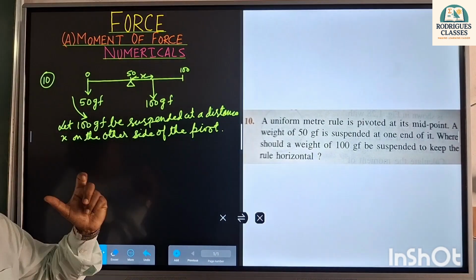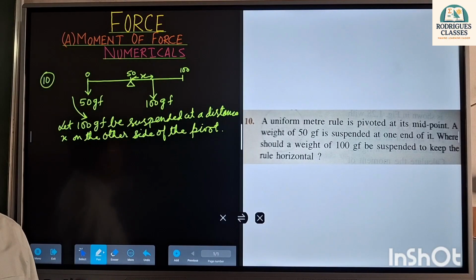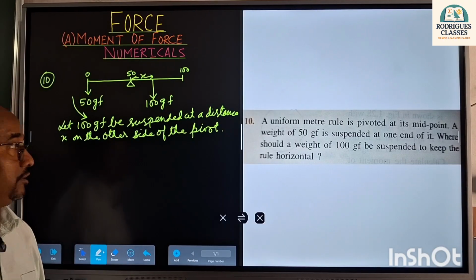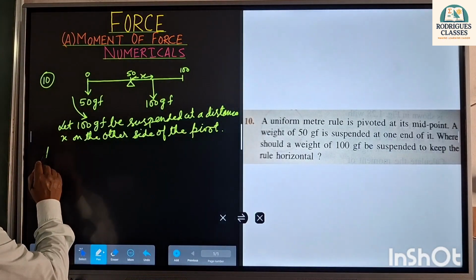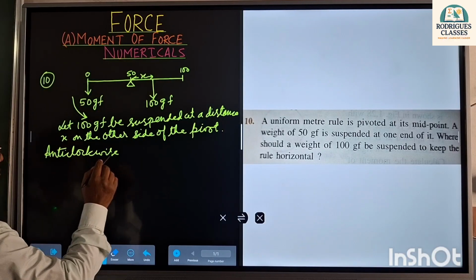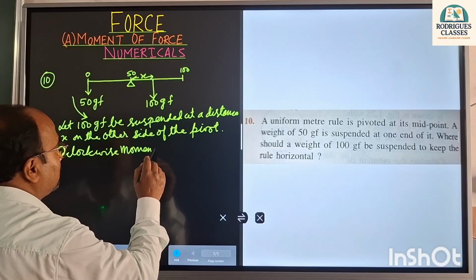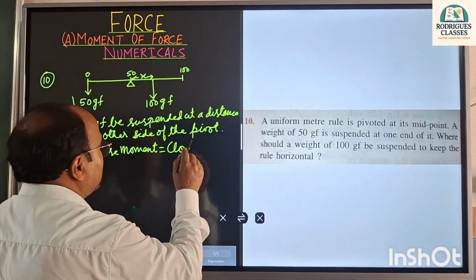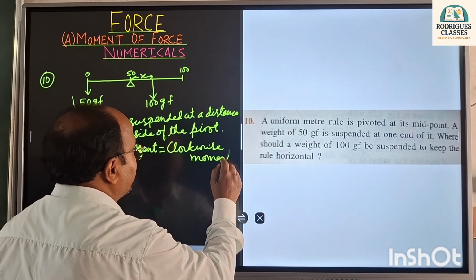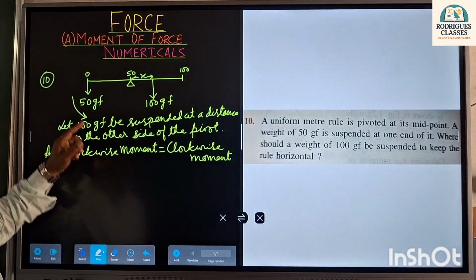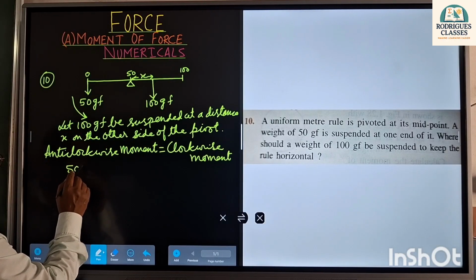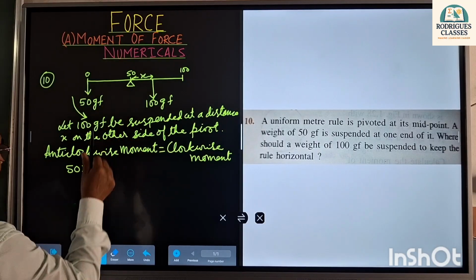Now here comes the use of the principle of moments, that clockwise moment and anti-clockwise moment will be equal. So I will write here anti-clockwise moment equals clockwise moment. This one will try to move it anti-clockwise. So the force here is 50 and the distance here is 50 centimeter.